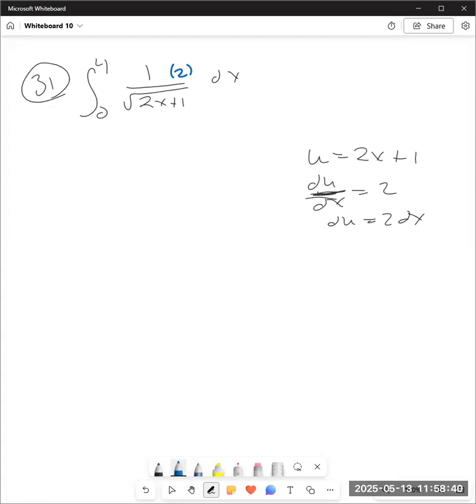Multiply by 2 on the inside, 1/2 on the outside. And I get 1/2, and then this is going to be u to the -1/2 du.